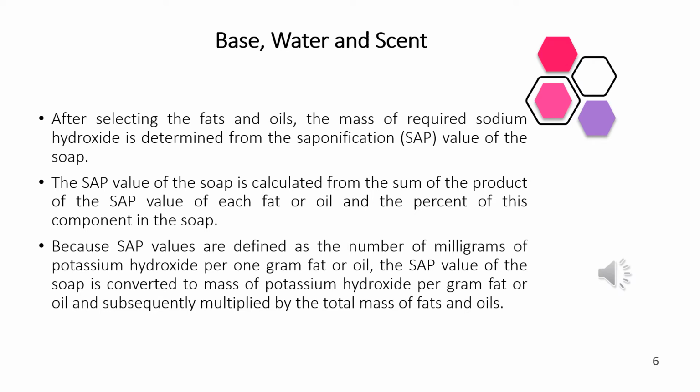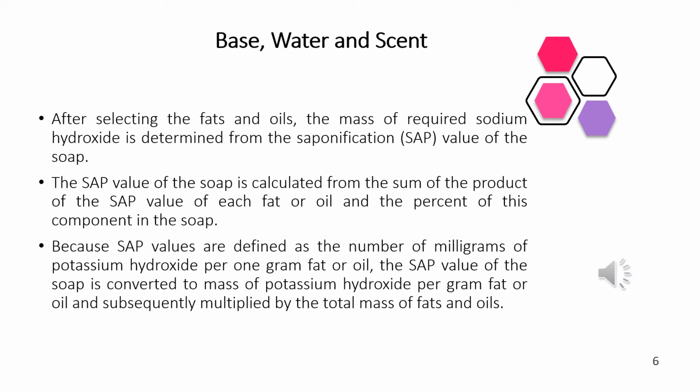The SAP value of the soap is calculated from the sum of the product of the SAP value of each fat and oil and the percent of this component in the soap. How can we determine the SAP value? We can determine the SAP value by using this formula.